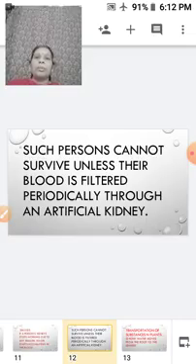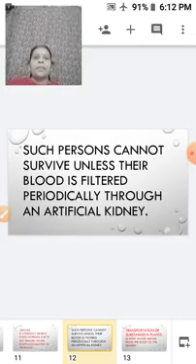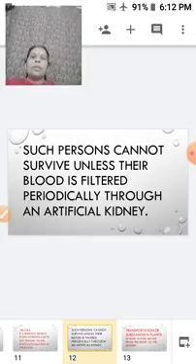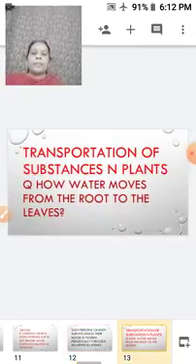Kidney can also be replaced by transplantation, but that is a costlier method and many precautions have to be taken for such means. So, this is the process of dialysis.